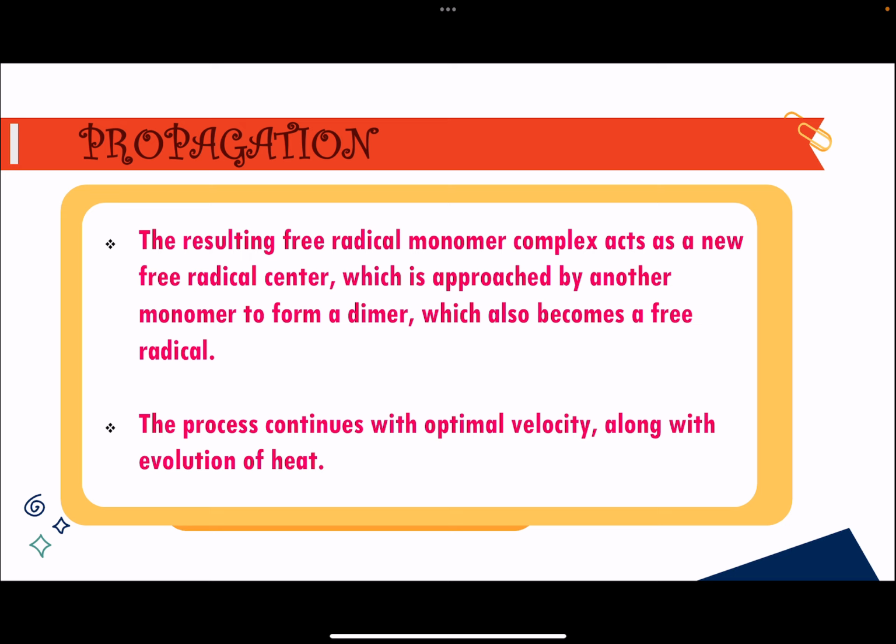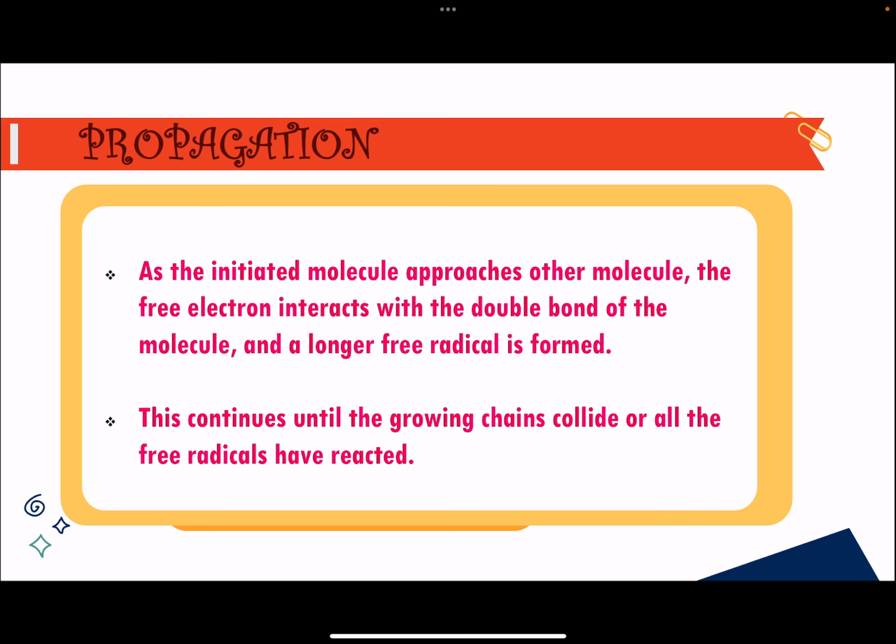Moving on to the next step of chemical stages of polymerization, which is propagation. The resulting free radical monomer complex acts as a new free radical center, which is approached by another monomer to form a dimer, which also becomes a free radical. The process continues with optimal velocity along with evolution of heat.